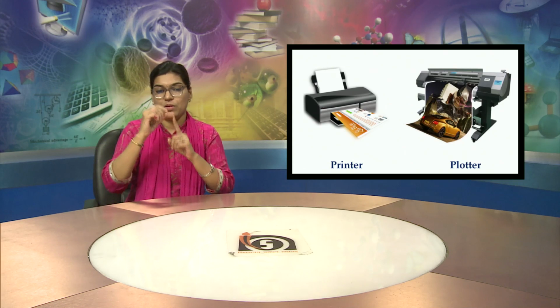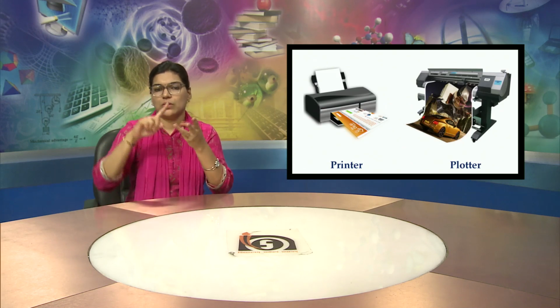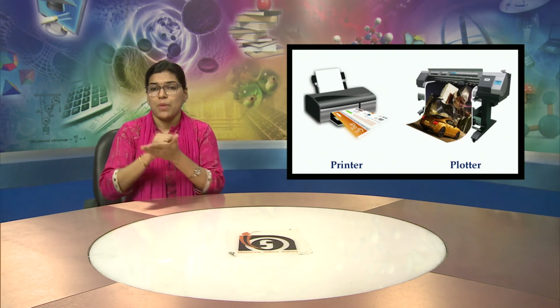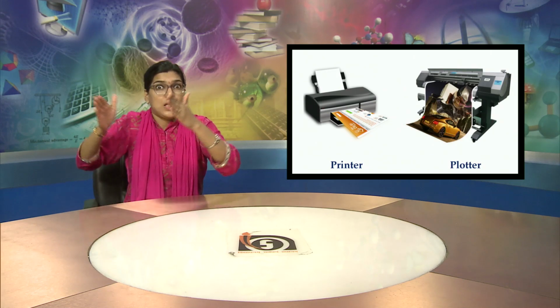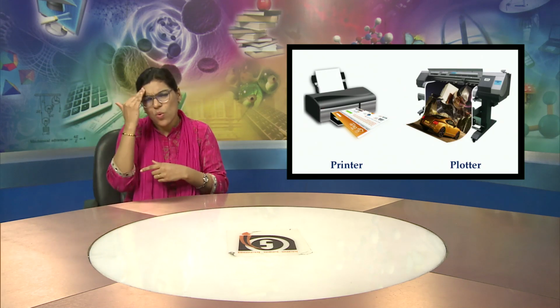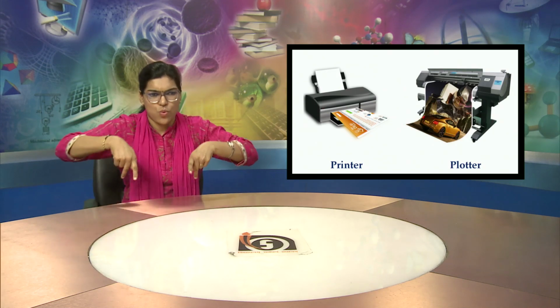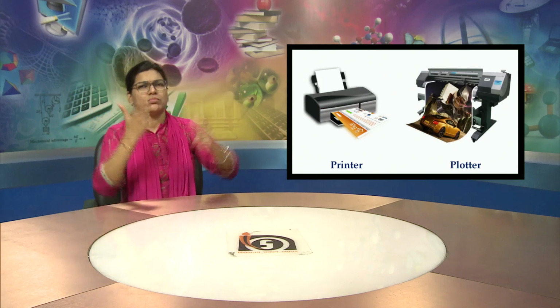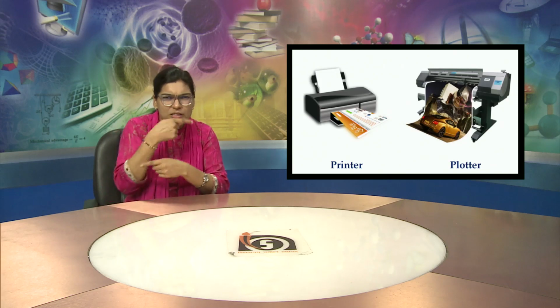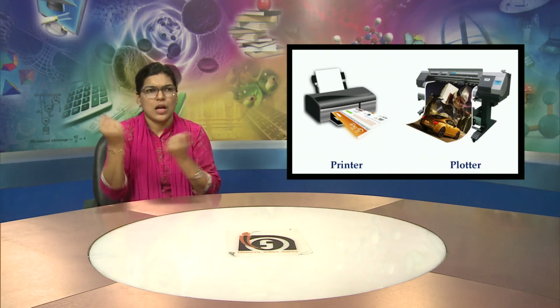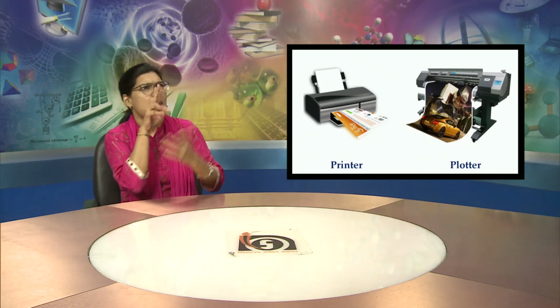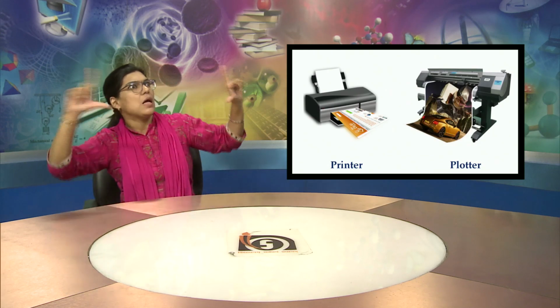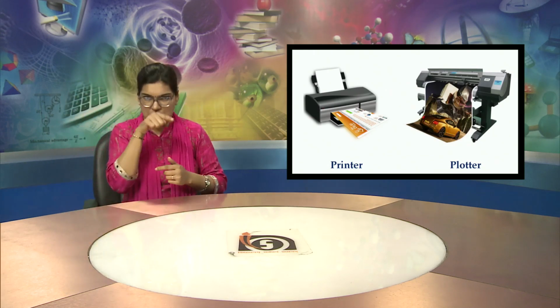And the other image is of the plotter. Plotter is not of the small or medium size. You all may have seen the big banners, big posters on the roadside, like soap advertising, toothpaste advertisements which have big images.